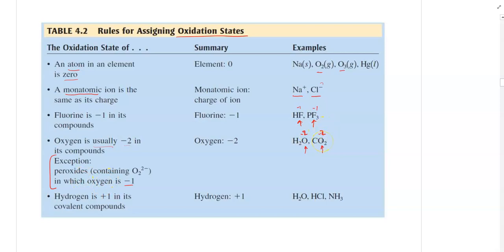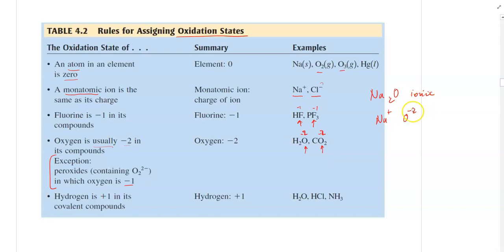In other contexts, if you have something like sodium oxide, this is an ionic compound, which has a slightly different set of bonding characteristics. You have an Na+, and the oxide has a charge of -2.